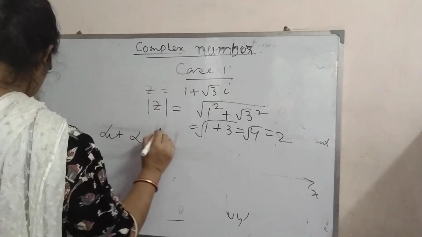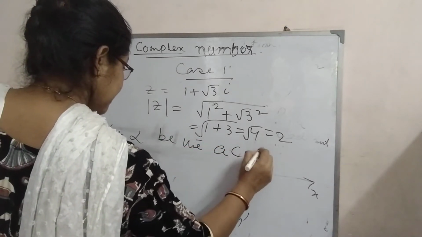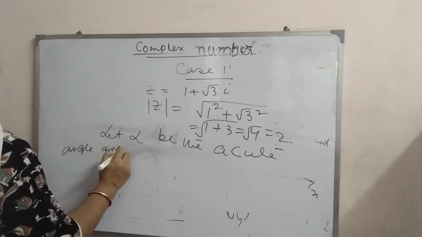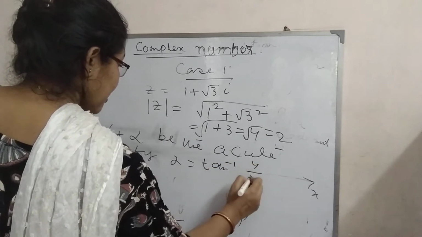Let alpha be the acute angle given by alpha equal to tan inverse y by x.